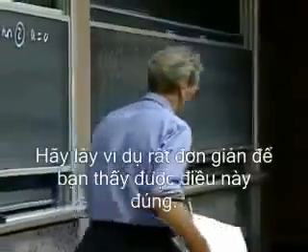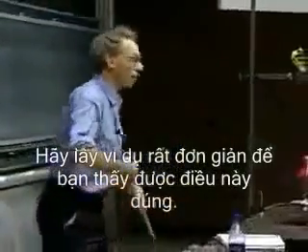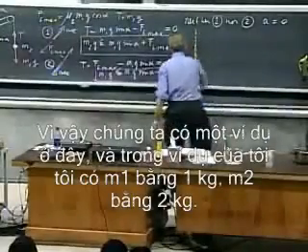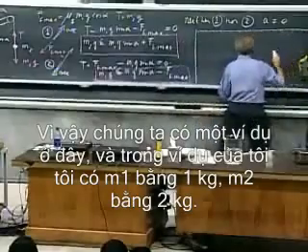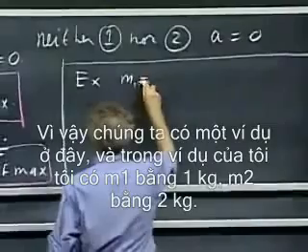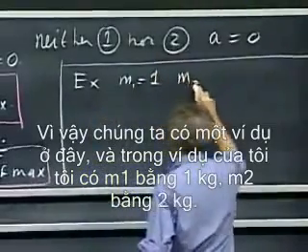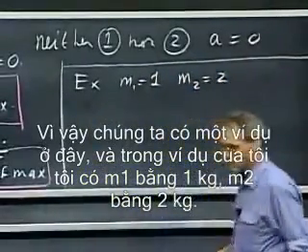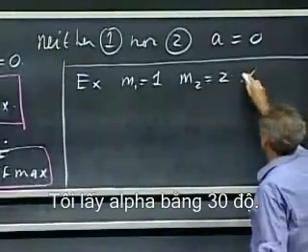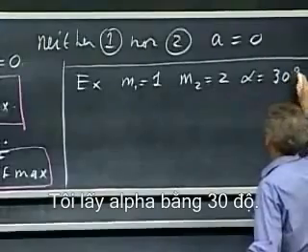Let us take a very simple example so that you see this at work. So we have an example here. In my example, I have m1 equals 1 kilogram, m2 equals 2 kilograms. Can't make the numbers much simpler. I take alpha equals 30 degrees.